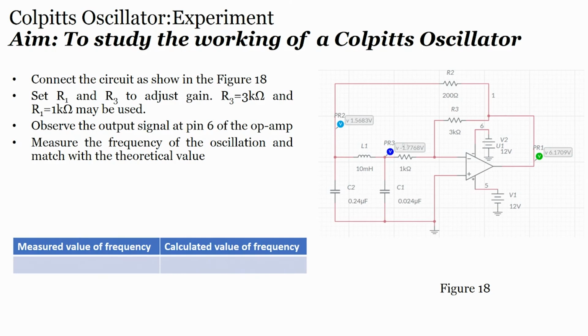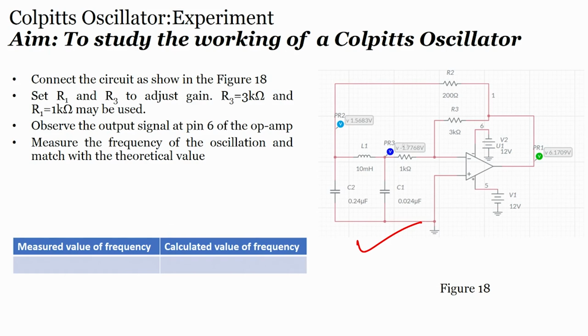To get the signal at the output, instead of using a breadboard and components, we are again going to show you using the Multisim software. Once we connect the circuit as shown in figure number 18 in Multisim, we set the values of R1 and R3 to adjust the gain.